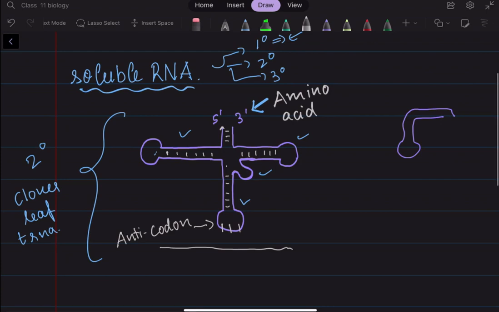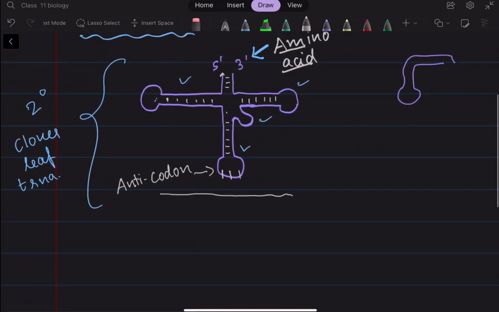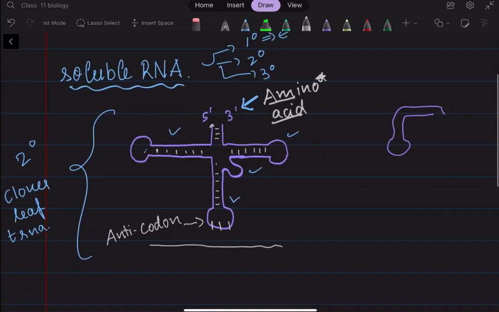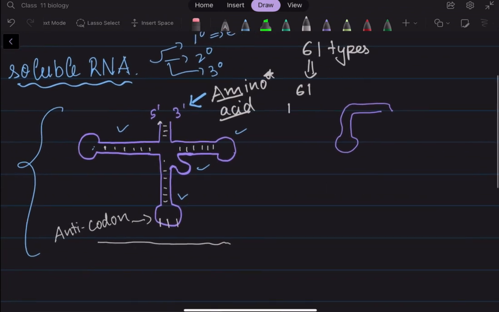The amino acid is attached to the 3' end of the tRNA. There are 61 types of tRNA as there are 61 types of codons, whereas the three stop codons do not have tRNA.